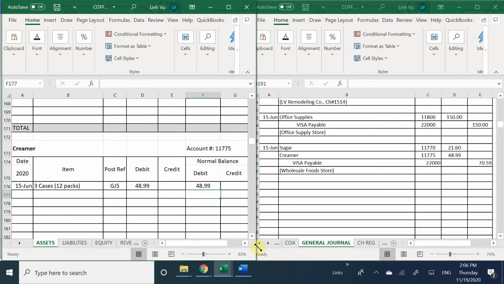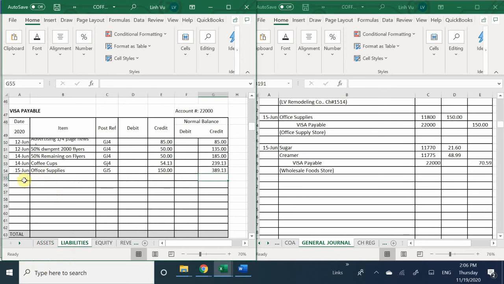Next, we're going to go to liabilities, as we paid with the Visa. June 15th. And we're going to put the wholesale food store. General fund. All right. Well, I would be a little more specific on what you actually bought.